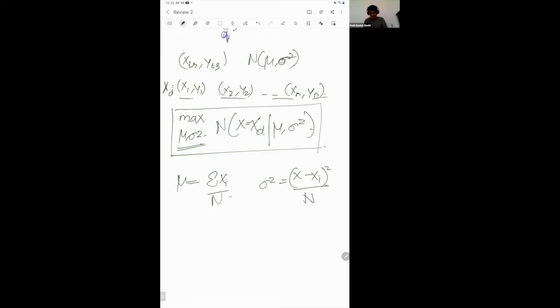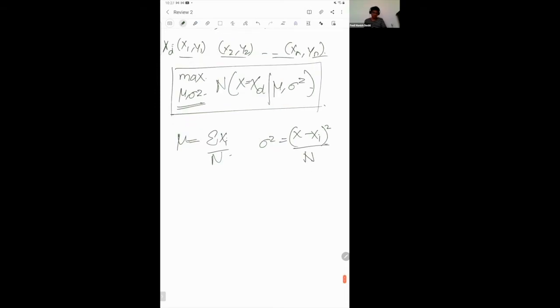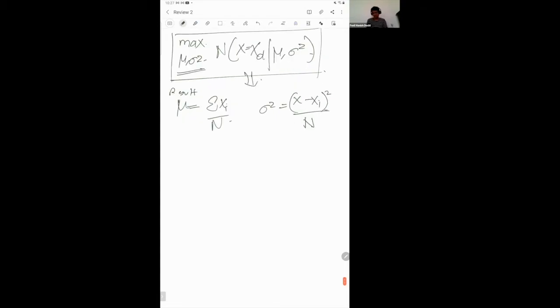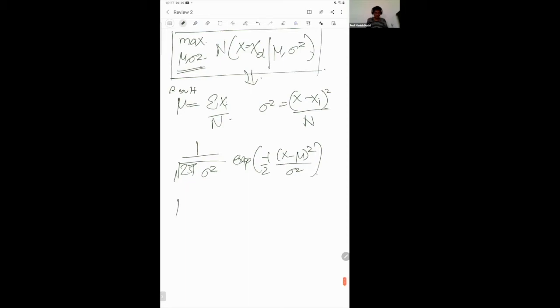So this is the result. But what you need to do is simply write the formula, since this is a univariate case, and then differentiate it with respect to nu and sigma, and then you would arrive at this quantity.